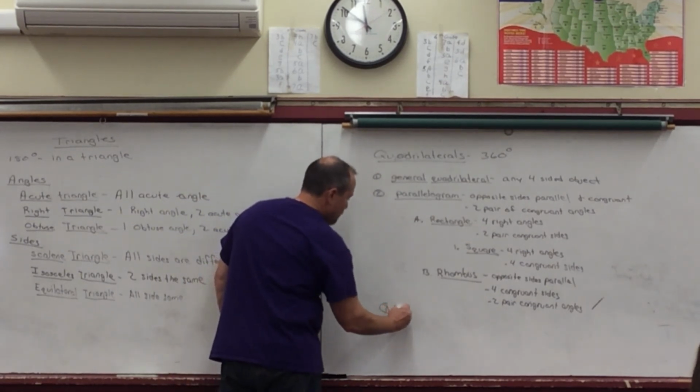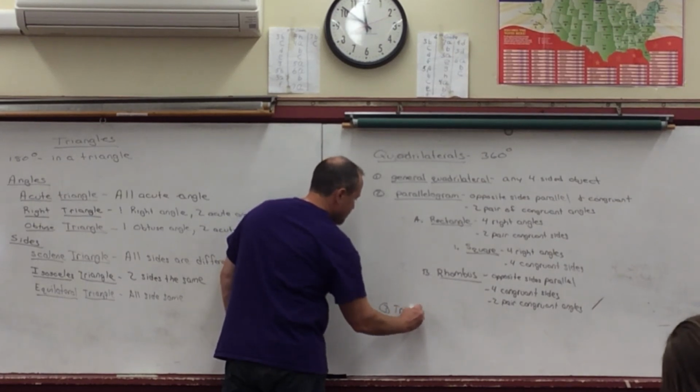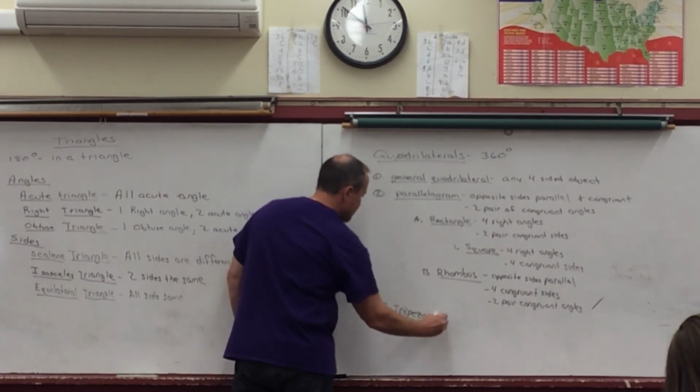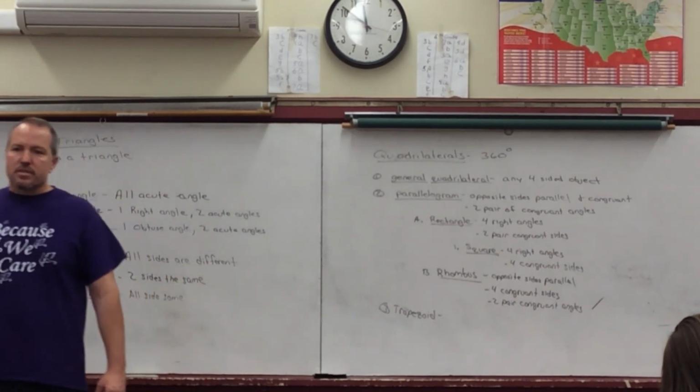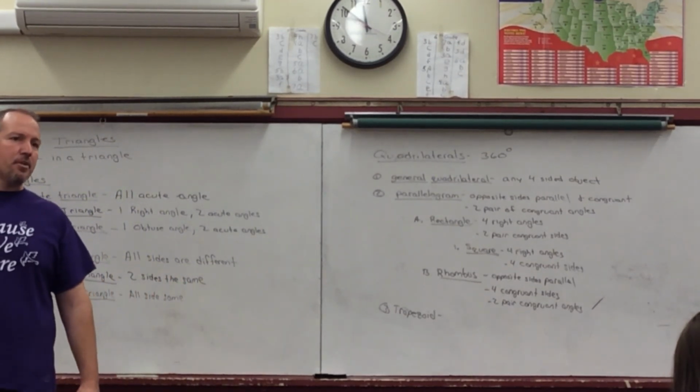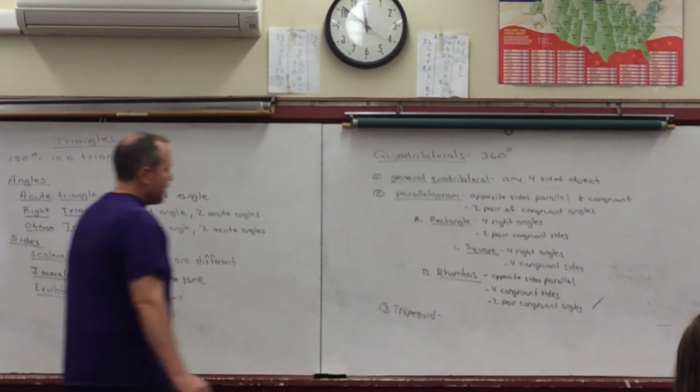Now, we have one other type of quadrilateral, and that is a trapezoid. Actually, we have 2 more types I've got to talk about.